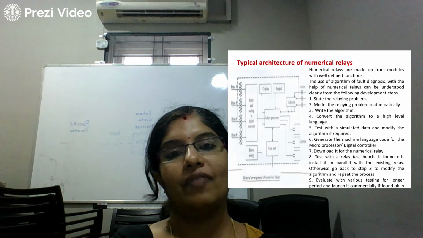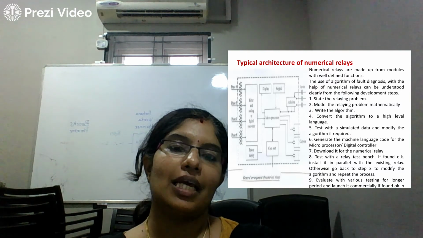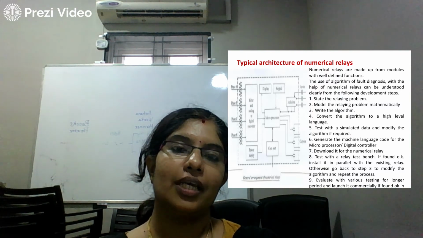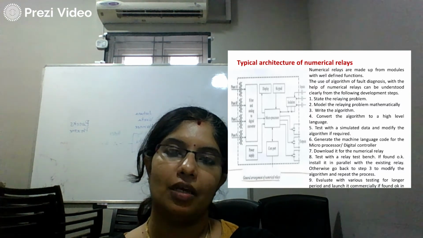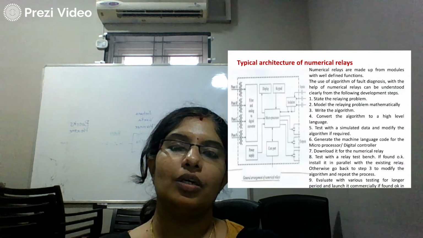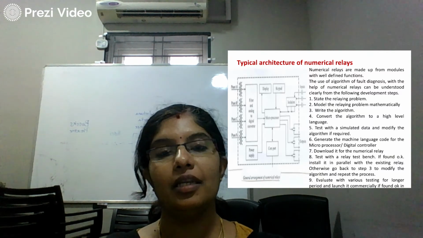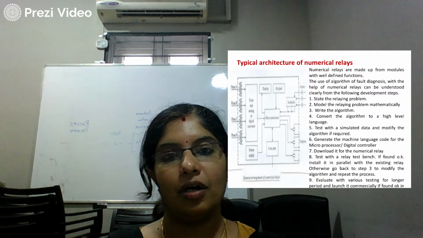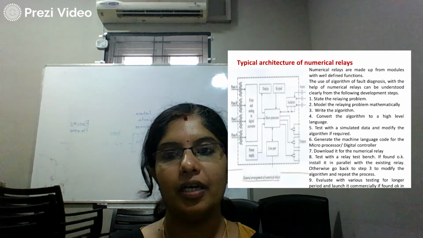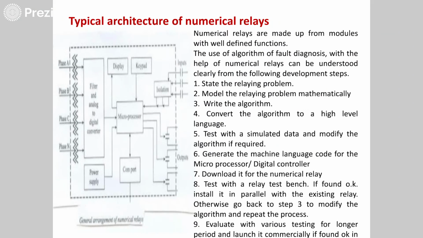So this analog value has to be converted to a digital value by this converter, and then it is fed to the processor. The processor does the required processing, and then your output is obtained.